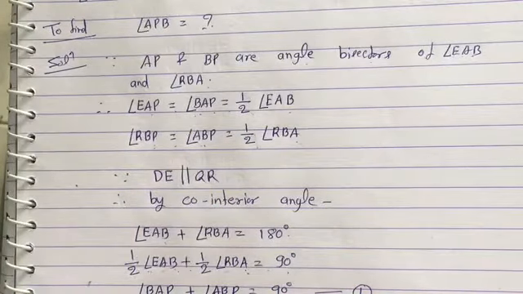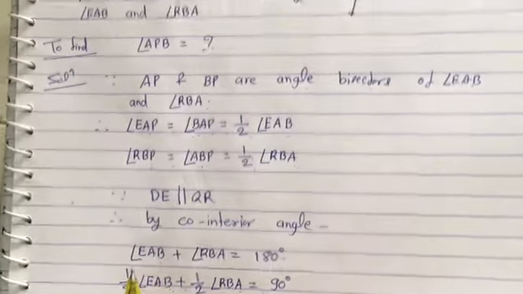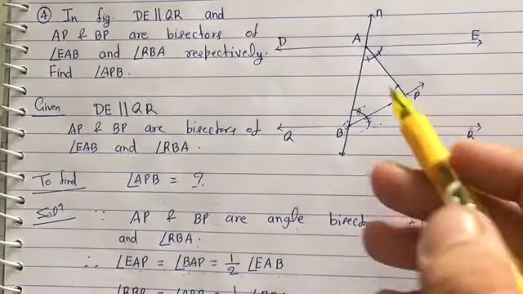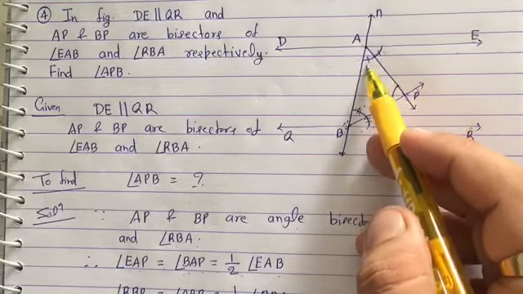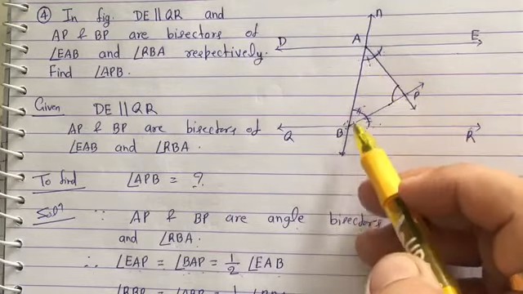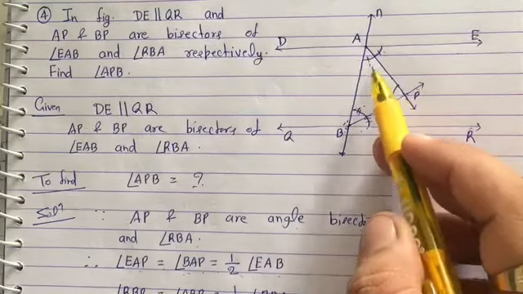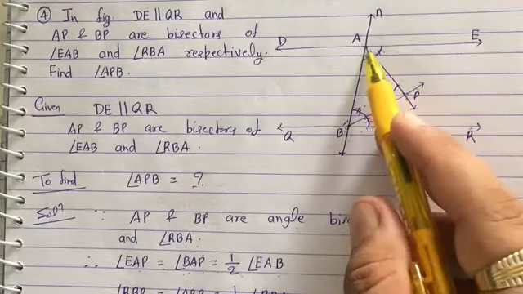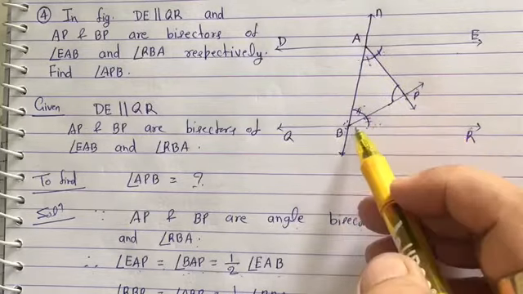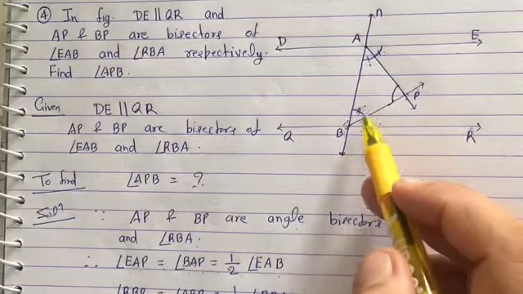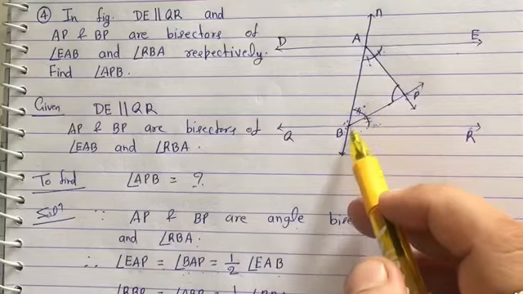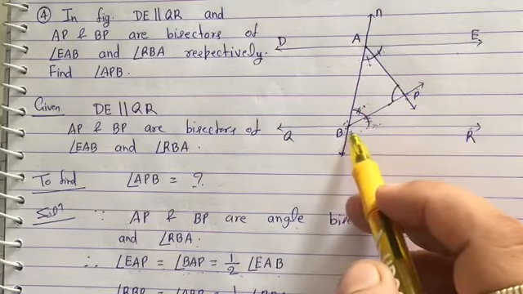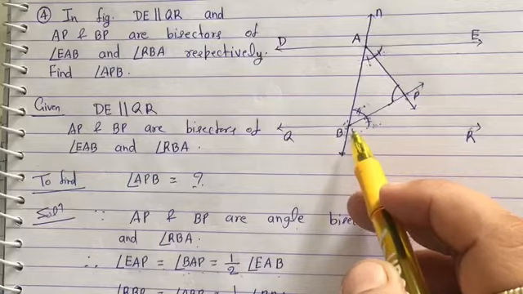Either one, but which one do we have to write? You have to understand this. In place of half EAB, we have to write angle BAP, because this angle is interior in triangle ABP. And in the other, we write the same way, because this is also in the interior of triangle ABP. I think there is no doubt for this now.